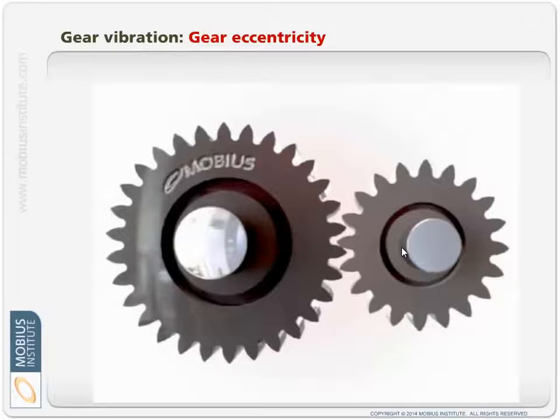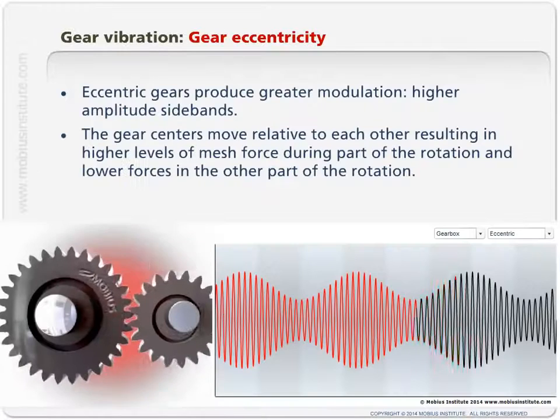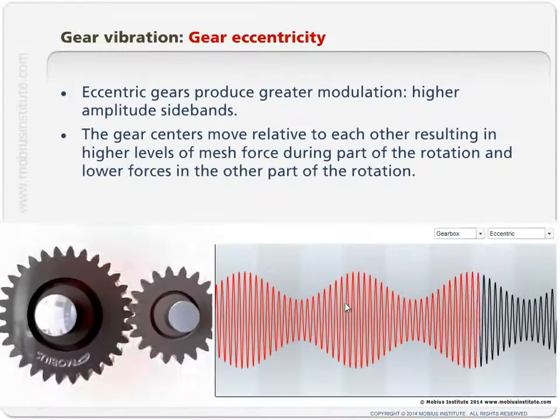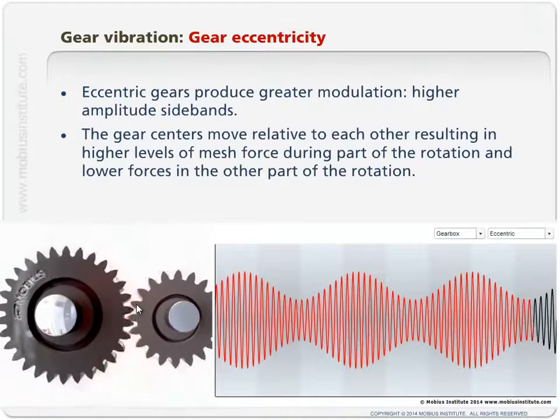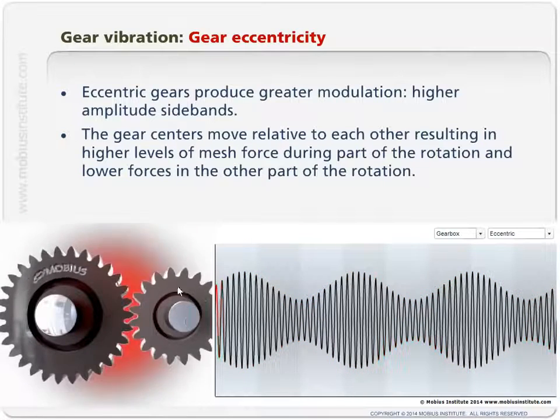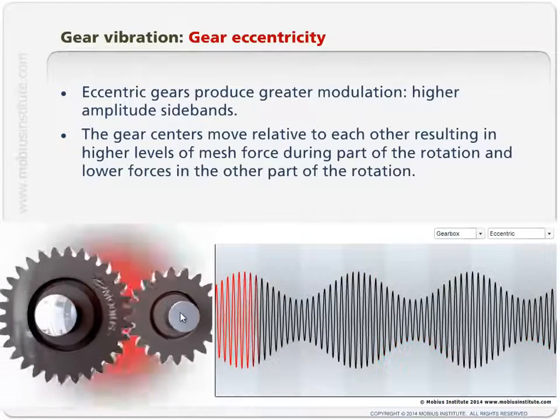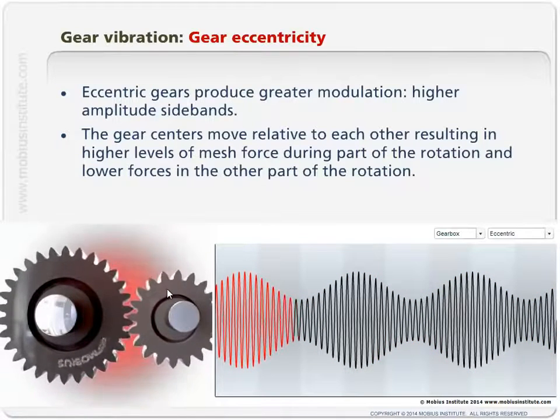You have to consider the possibilities for why this is occurring. But any time we have this variation in the gear mesh force, we see more of that modulation. In this animation that we see here, we've got the 2 gears meshing together eccentrically. So, as I've already said, it could be because of a bent shaft, it could be because of the gear manufacturer or whatever.